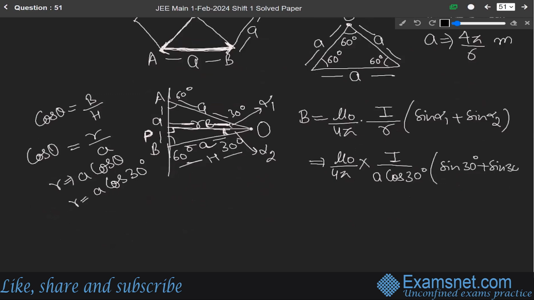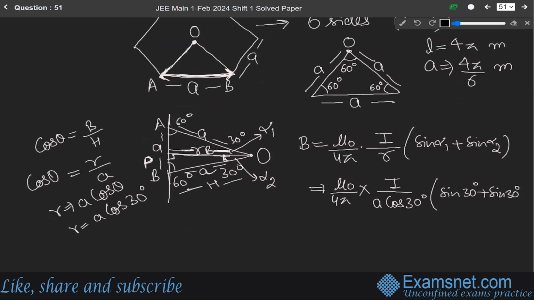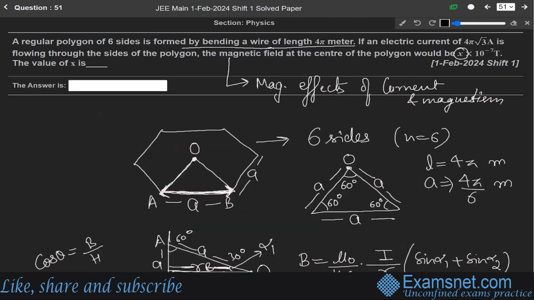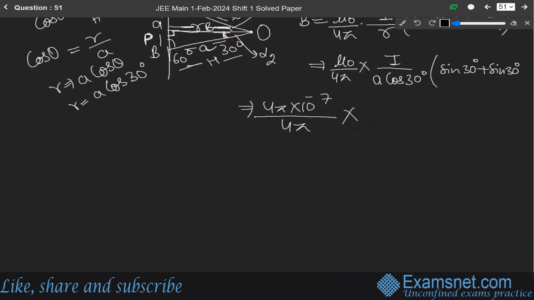Now putting the values, mu naught is 4 pi into 10 to the power minus 7, over 4 pi, into I. Current is given as 4 pi root 3 ampere.